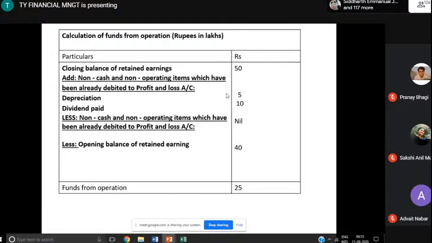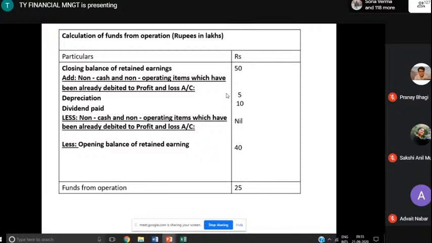Calculation of funds from operation, rupees in lakhs. See the question, what is the closing balance of retained earnings given? Current year retained earnings. Don't write it the other way. I presume you are thorough with the format.